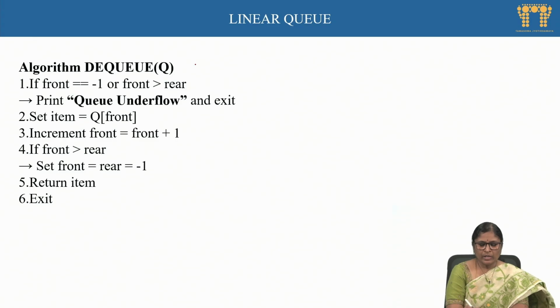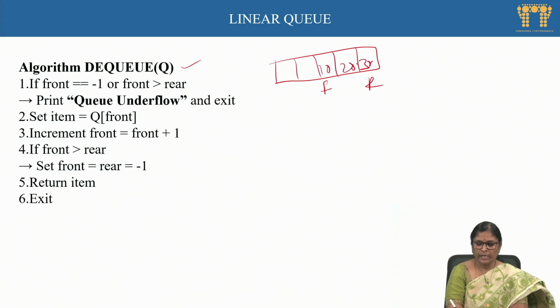Then this is an algorithm for performing a dequeue operation, that is a deletion from the queue. So deletion from a particular queue, suppose your F is here and the rear is here, 10, 20 and 30, right? First check for front equal to minus 1 or else front greater than rear.